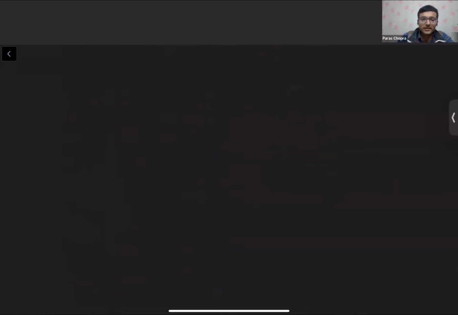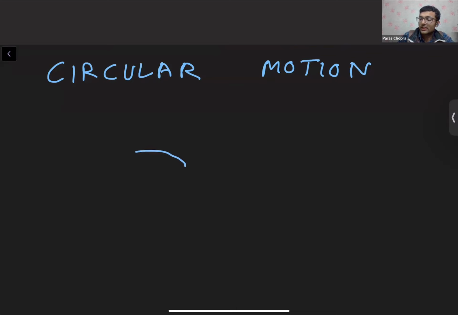Okay, so then we have circular motion. What is the centripetal acceleration in a circular motion? So if a body is going along a horizontal circle, then the body will accelerate because the velocity is changing at every point.